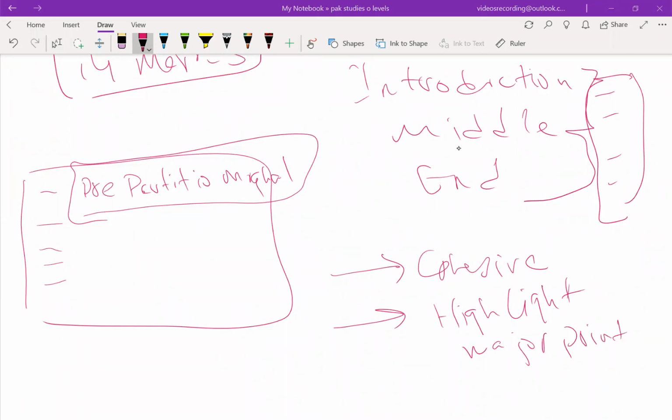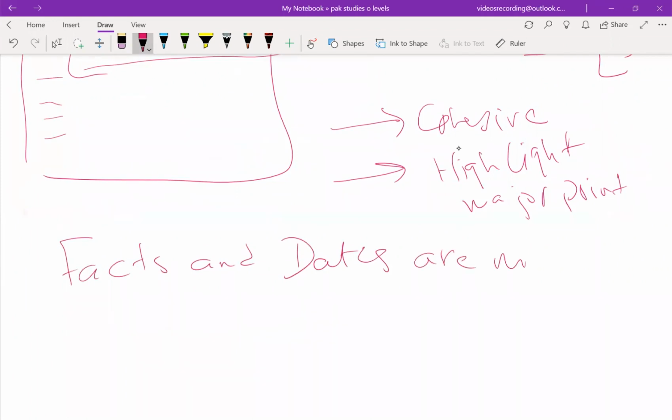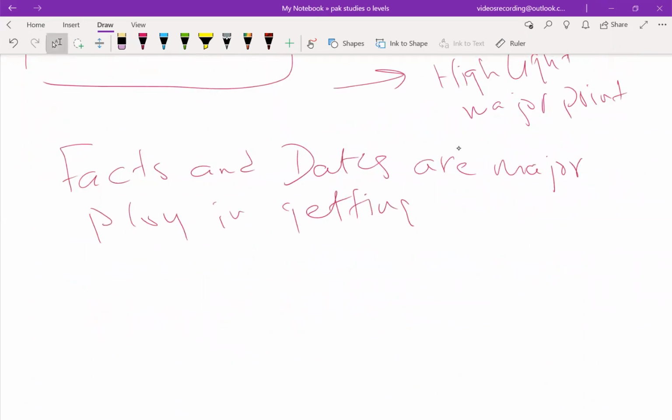Okay, this next one is: what can we do if we forget facts or dates? In history, facts and dates are a major flaw in getting marks. So let's say you've forgotten that the Battle of Plassey was in 1757.